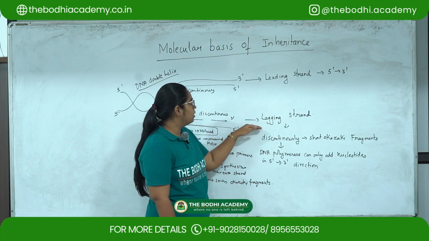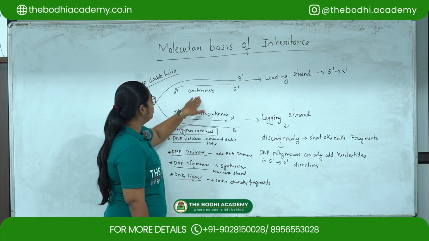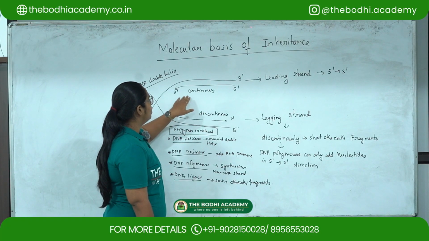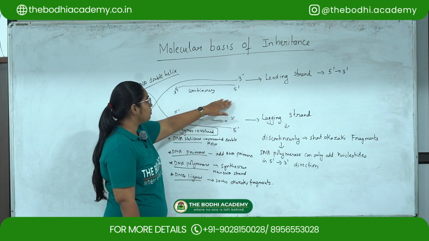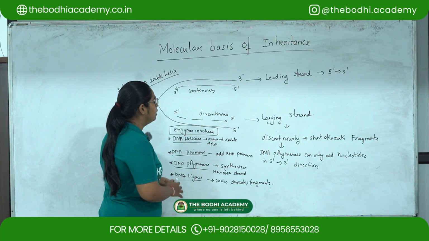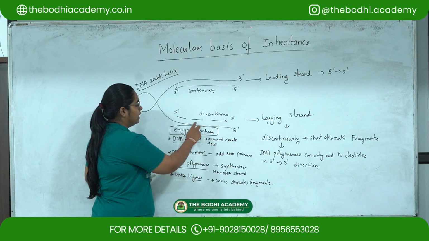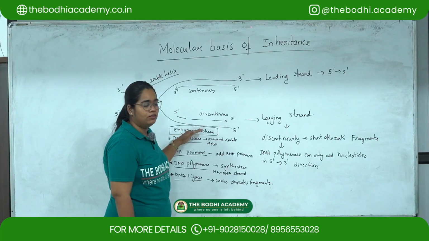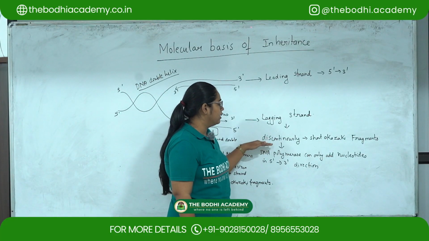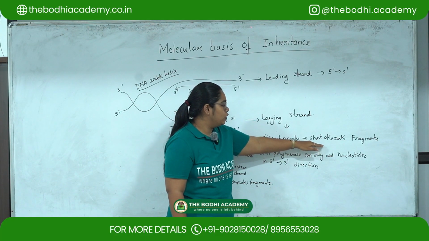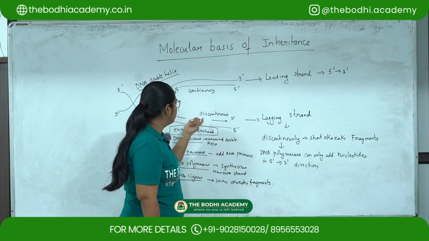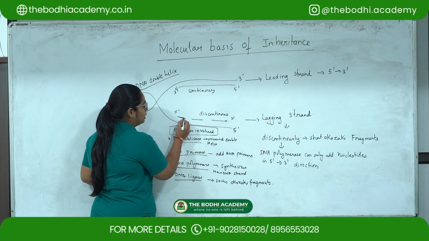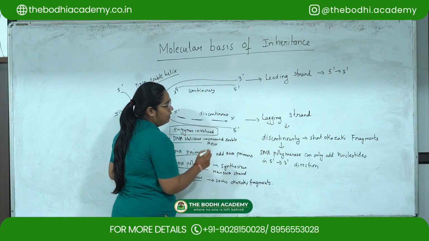Here, the leading strand will form a continuous DNA strand, but the DNA strand which is formed at the lagging strand will be discontinuous. Why is this so? The discontinuity is because short Okazaki fragments are formed. These small fragments are called the Okazaki fragments.